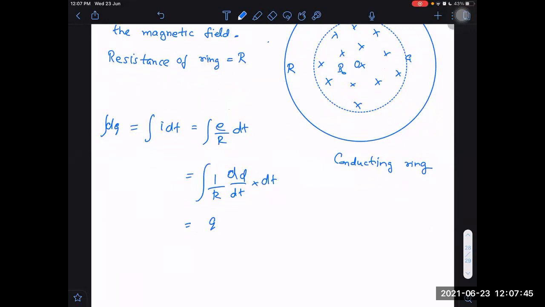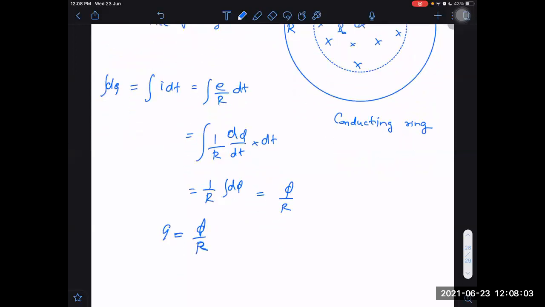Next, dt cancelled. We are getting 1 by R, resistance is constant only, into integral d phi, which is equal to phi by r. You can understand that charge flown will be equal to phi divided by r. Charge flown will be what?